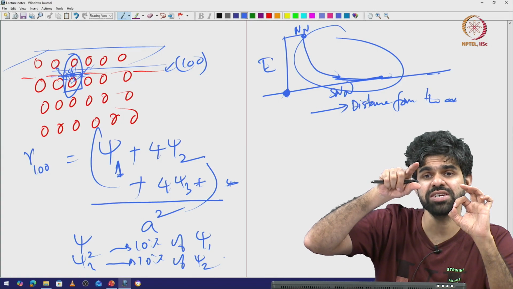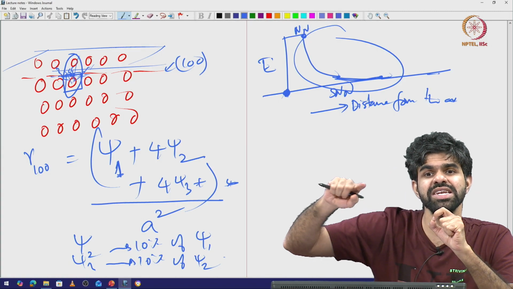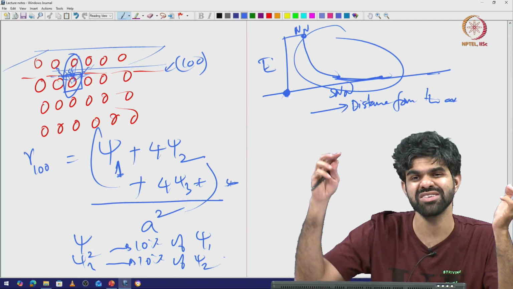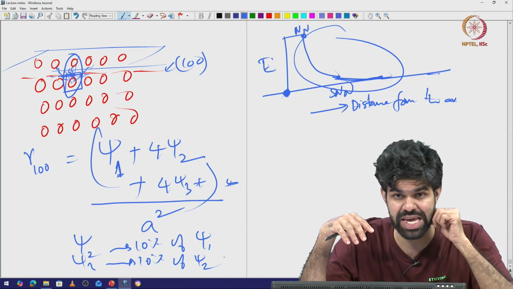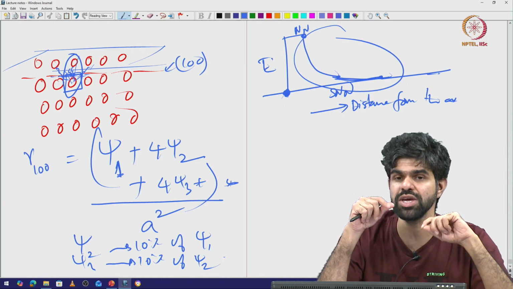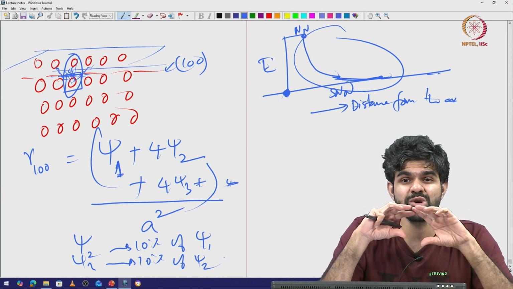It can interact with the first atom very strongly, with the second nearest neighbor reasonably strongly, and then the third nearest neighbor also weakly. So, we are able to take up to the third nearest neighbor, and the fourth nearest neighbor and beyond we will just ignore. That is why we talk about coordination number.